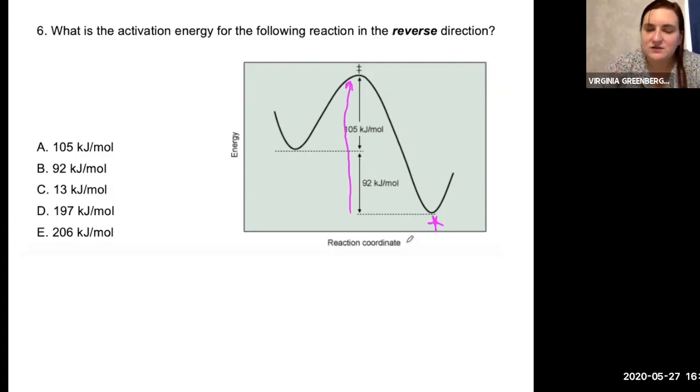Okay, so we're going to have to put in these 92 kilojoules and then also put in those 105 kilojoules. So our activation energy for the reverse will be the sum of those two values, which ends up being 197 kilojoules per mole.